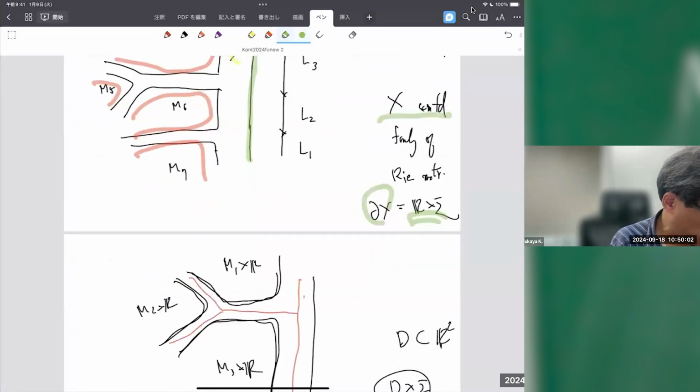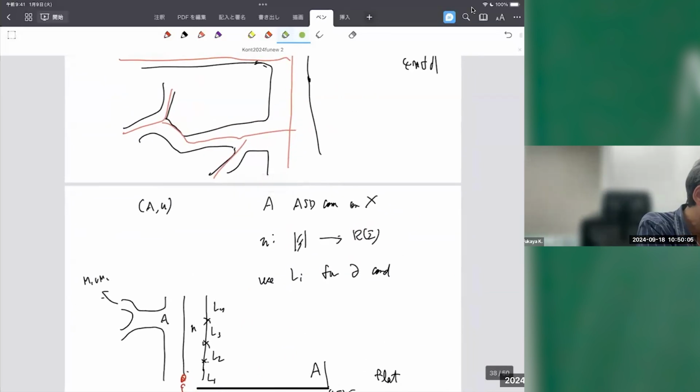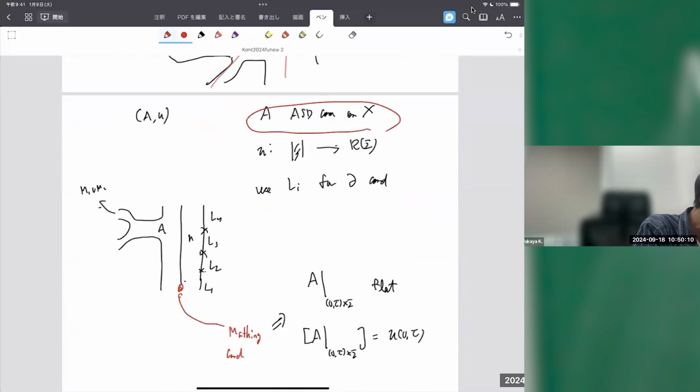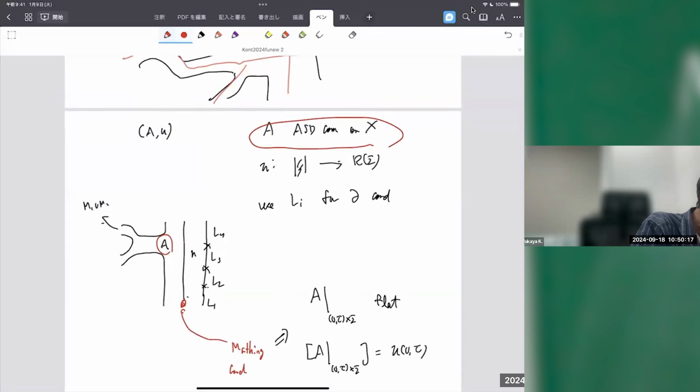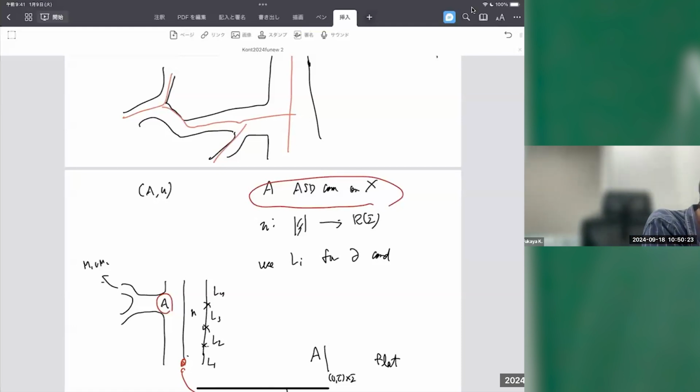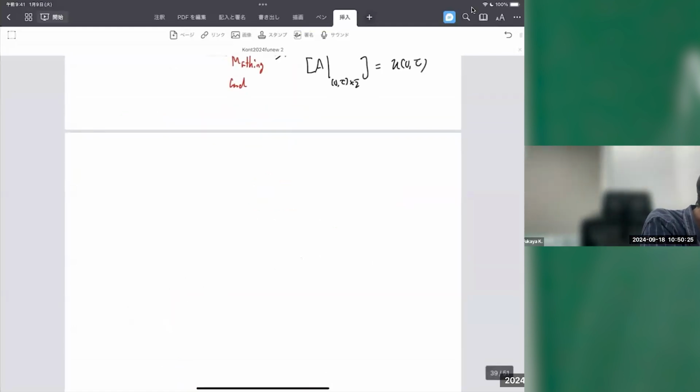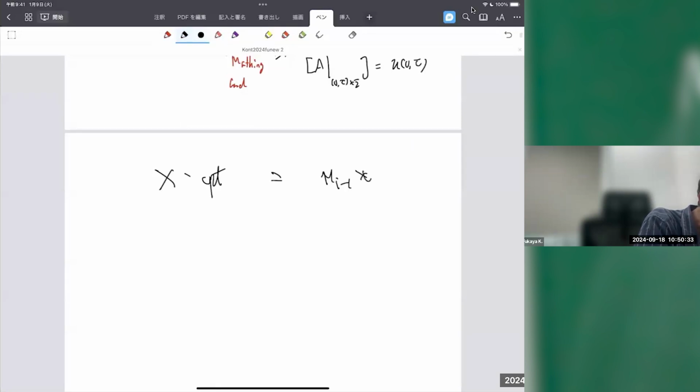Then we consider the ASD, anti-self-dual connections on this four manifold, which is A here. X has several ends. So X minus compact is something like M_{i-1}M_i cross 0 to infinity.